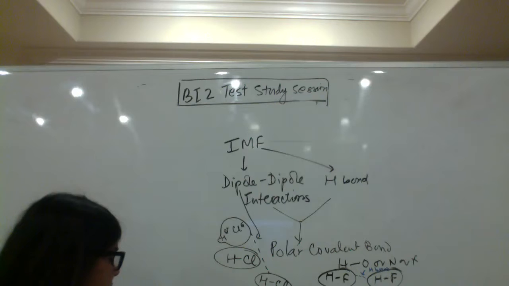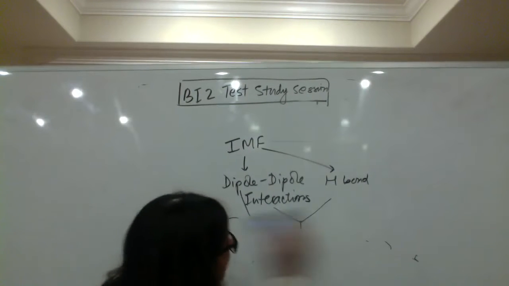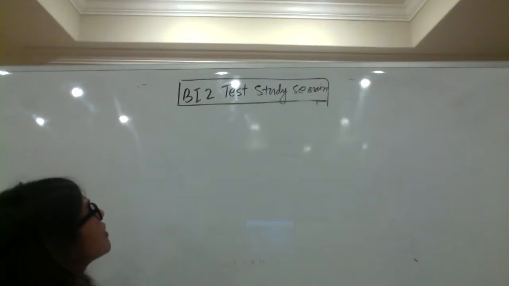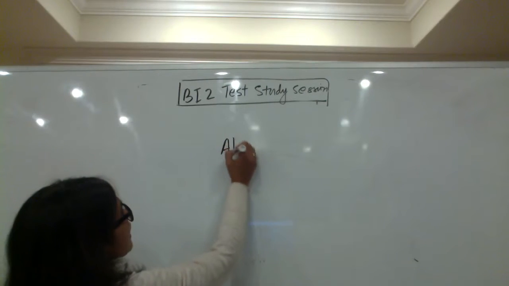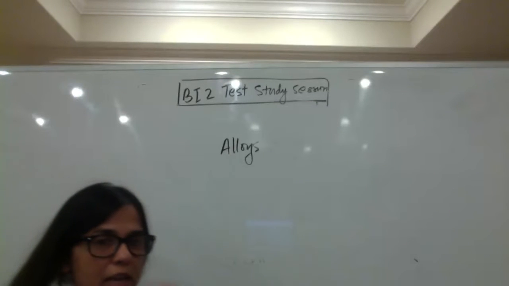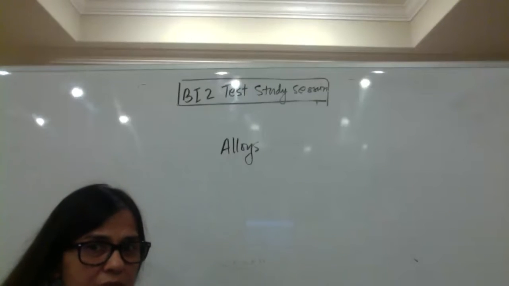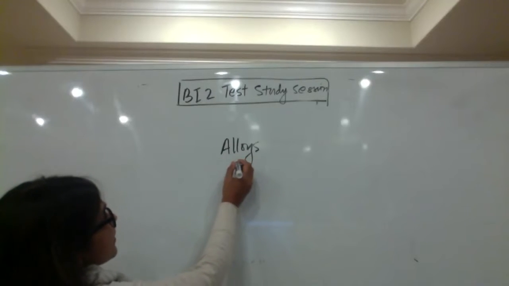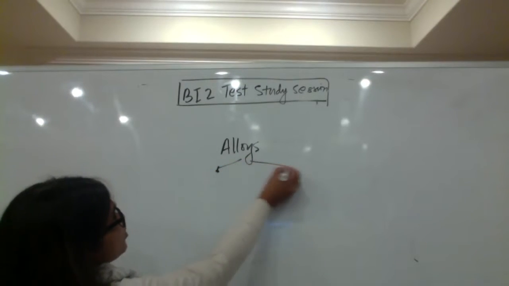Alloys and conductivity. Okay. Alloys are metal solutions, meaning when you take a metal and melt another metal with it, then that is an alloy. And alloys can be of two types.